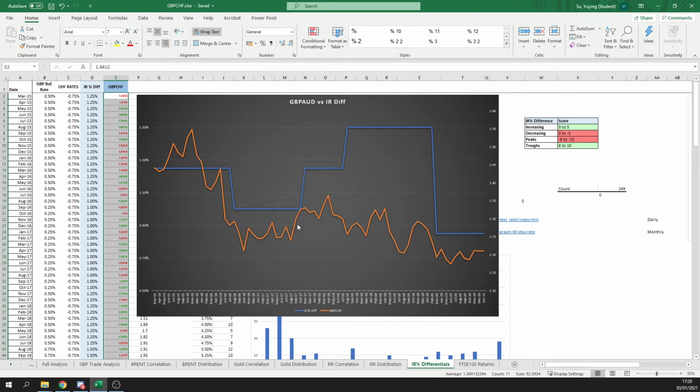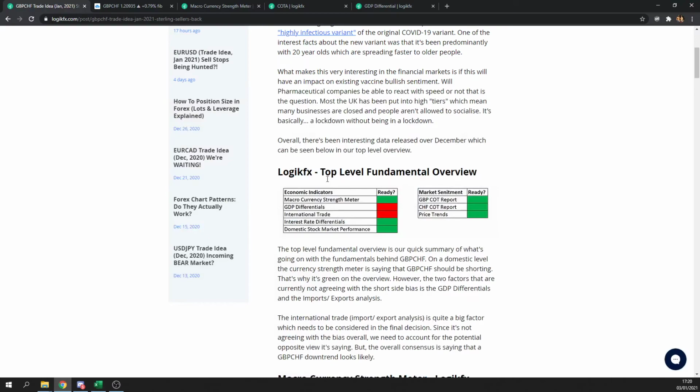We have that stagnation period. What we're really seeing here is a potential downside move coming in the future. And why I mean that is because the UK has actually mentioned that they may be going into negative interest rates. And if they do so, the value of their currency is going to be going down. So that's why we currently have a green for the interest rate differentials.